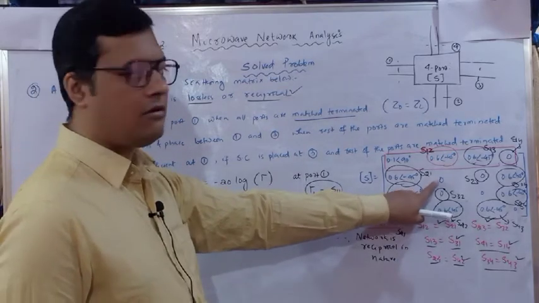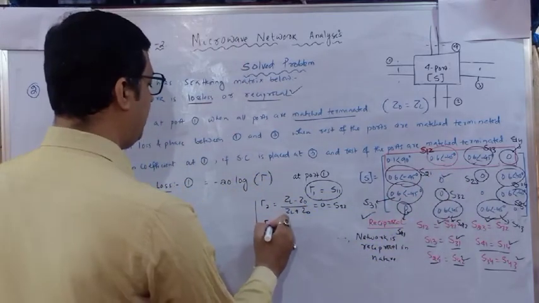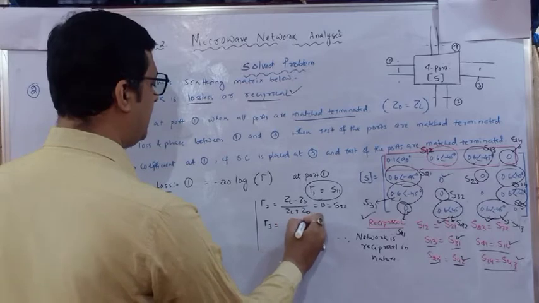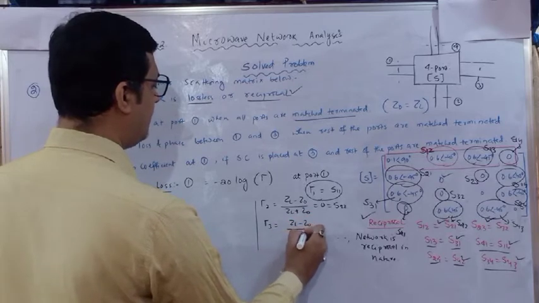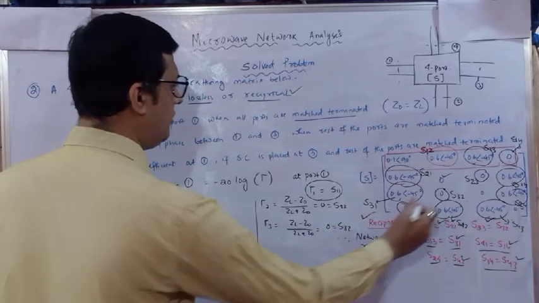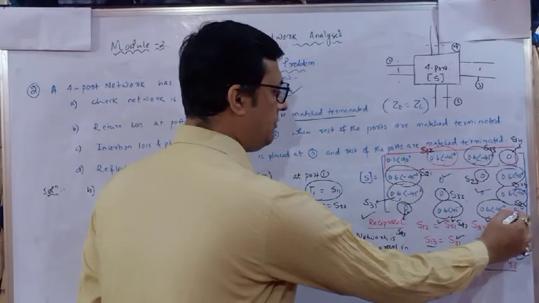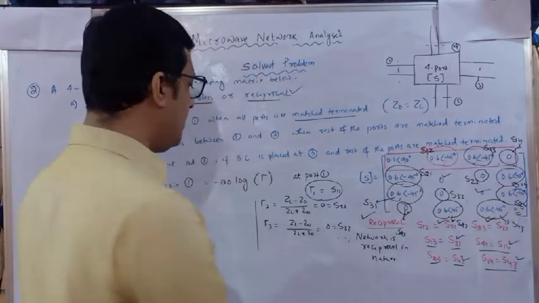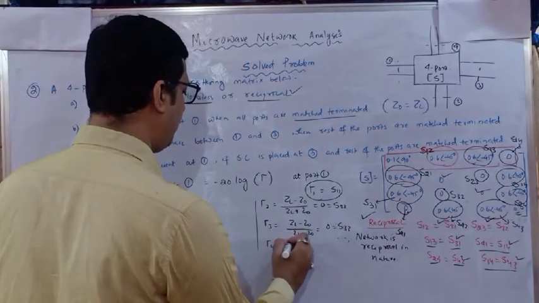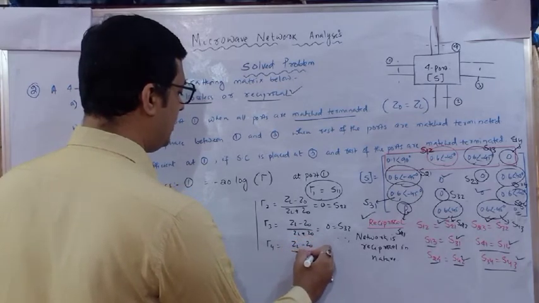Yes, it is 0. Satisfied. Similarly, reflection coefficient 3, ZL minus Z0 over ZL plus Z0, both are the same. So our S33 is also 0. Done. And you can see S44 is also 0. So the reflection coefficient at the fourth port is also 0.